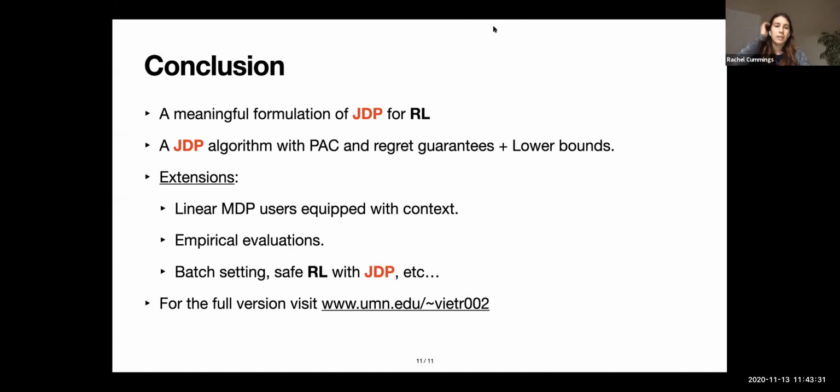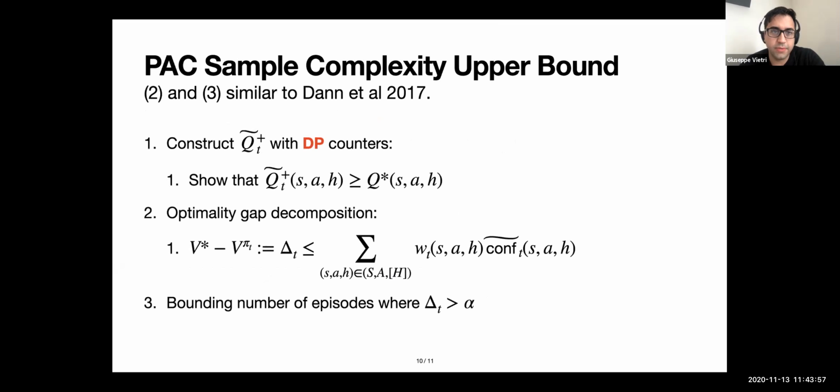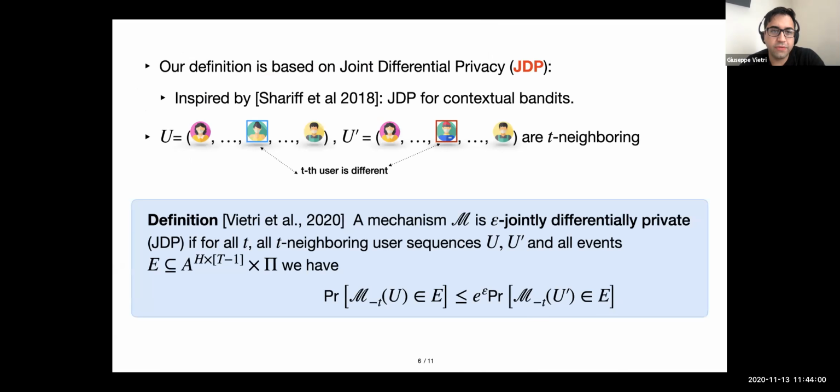I have a question. So you have this new definition defining JDP for reinforcement learning. Can you talk us through what are the important technical differences between this and just the standard JDP definition? This is our definition.